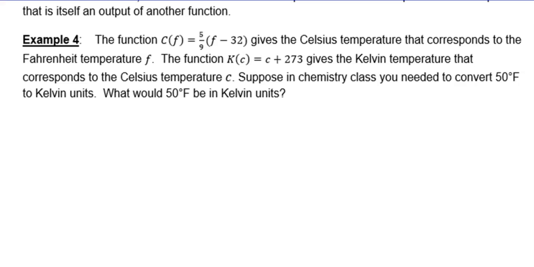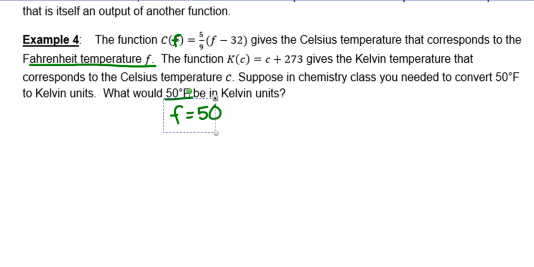Suppose in chemistry class you needed to convert 50 degrees Fahrenheit to Kelvin units. What would 50 degrees Fahrenheit be in Kelvin units? All right, well, the 50 degrees Fahrenheit, that's our Fahrenheit temperature, so that's our F. And what we can do with an F is input it into the C function and convert it to a Celsius temperature.